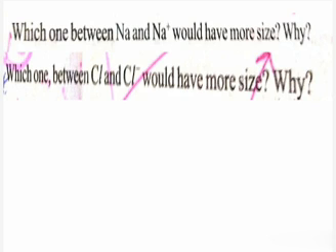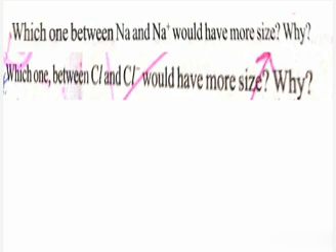Therefore nuclear attraction is less in the Cl minus ion when we compare it with the chlorine atom. The nucleus power is less because the electron number is more than the proton number.